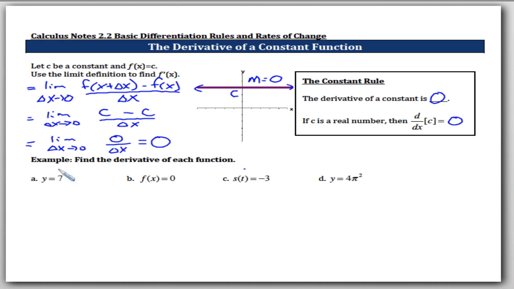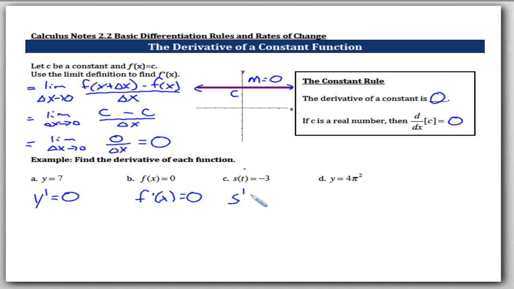So let's look at our example. It says find the derivative of each function, y equals 7. Well, y prime is 0. How about this one? f of x equals 0. Is 0 a constant? Yes, it is. And so f prime of x is going to equal 0. In letter C, we have s of t equals -3.